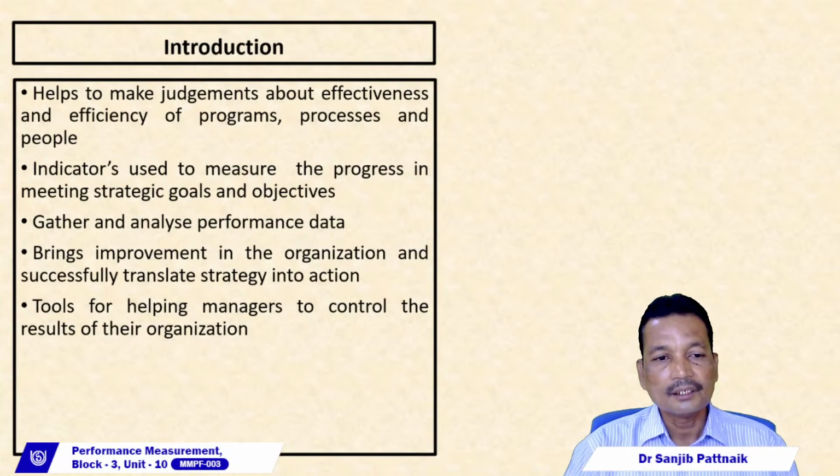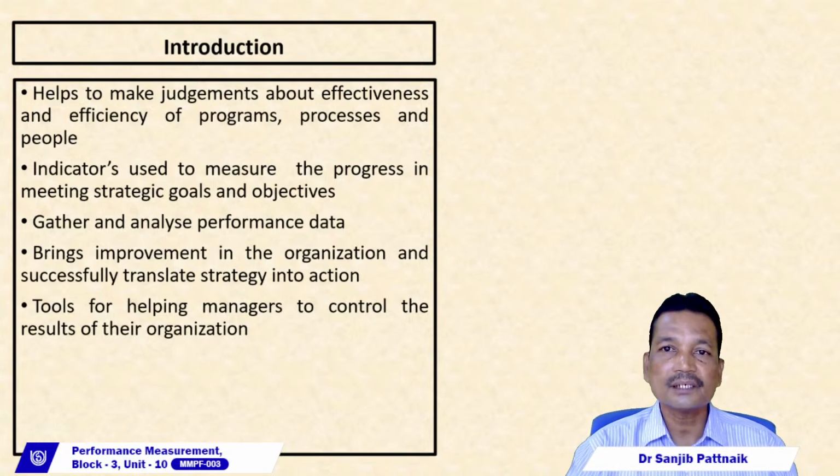Here we are talking about managers, top level managers. They take the help of performance measures, and with that they try to find out whether we are going towards the strategic goals of the organization.